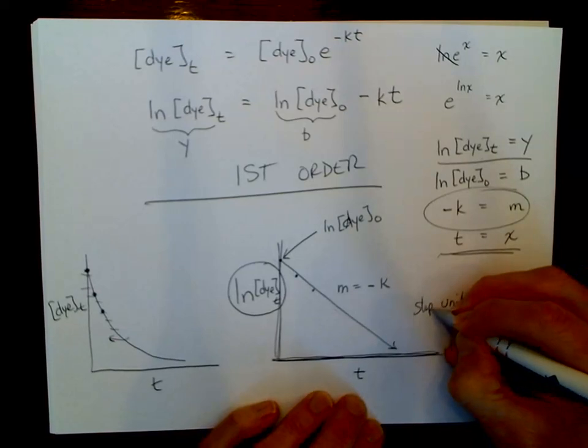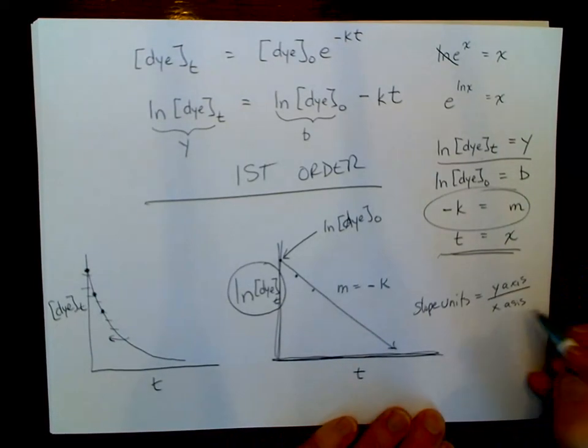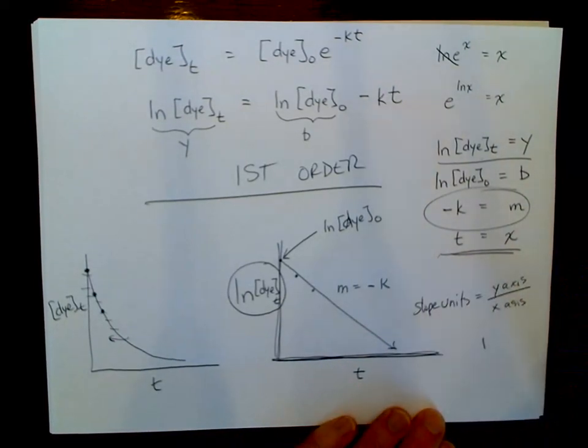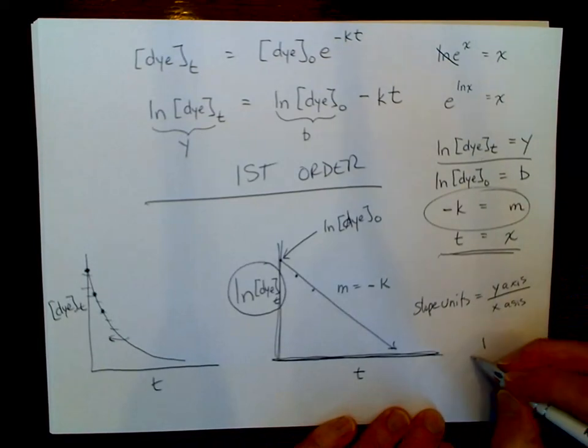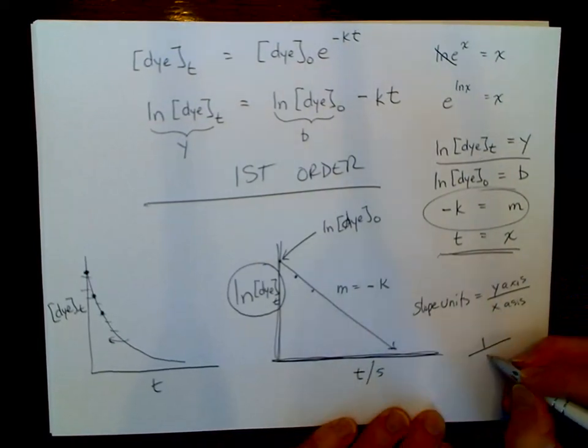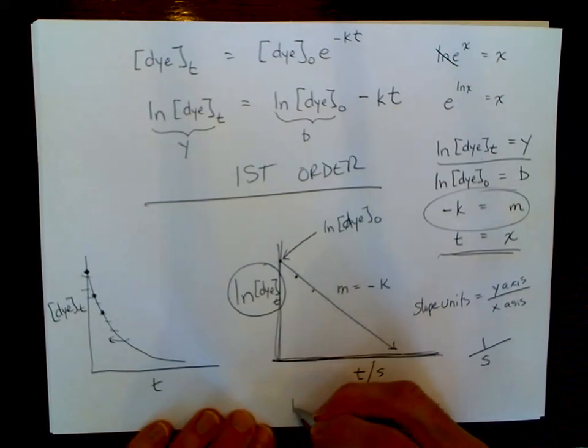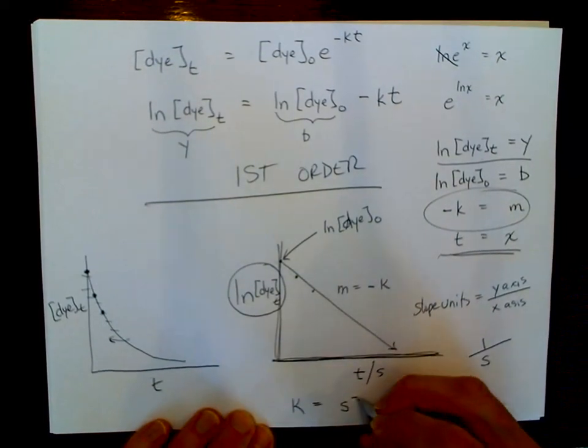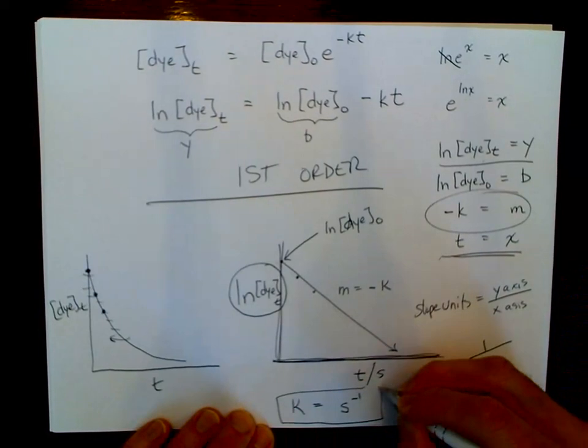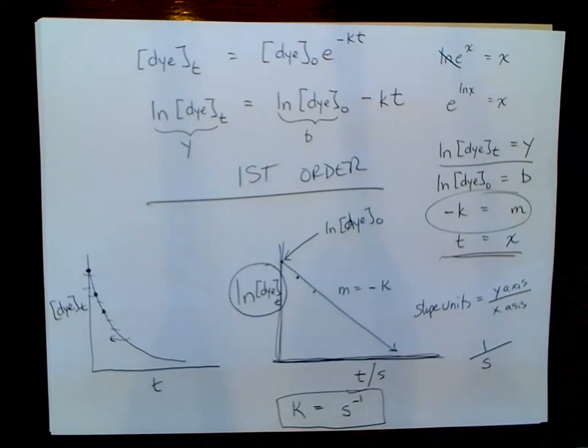My y-axis units is unitless, so I'm going to stick a 1 up there, and we're going to divide by the x-axis units, which would be seconds. So the units of my rate constant for a first order process will be second to the minus 1, which matches what we learned previously.